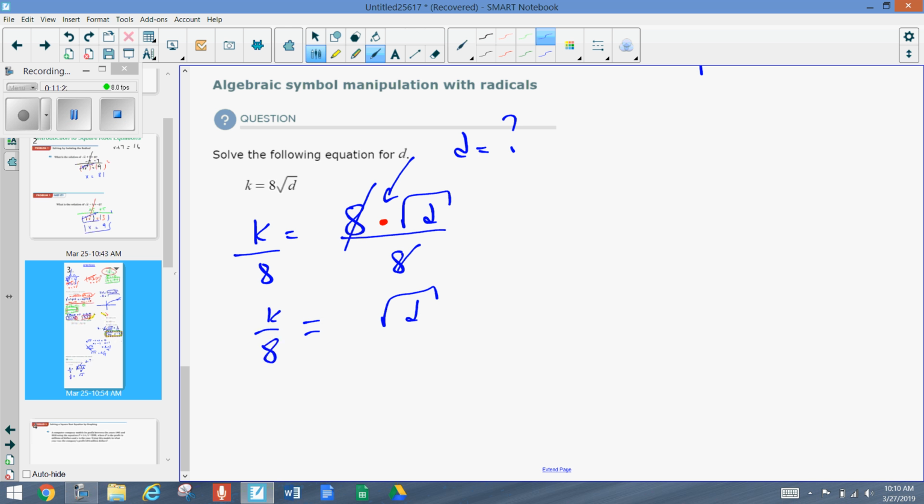How to get rid of that square root? Take the square of both sides. So in this case, the 2 cancels out. D is equal to k squared over 8, right? K squared over 8. Good job.